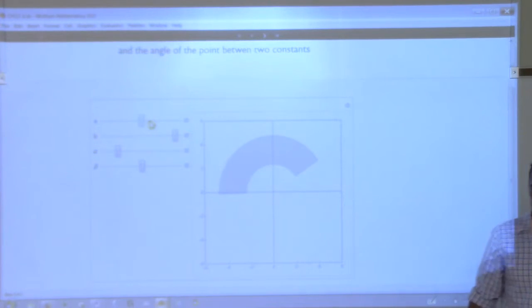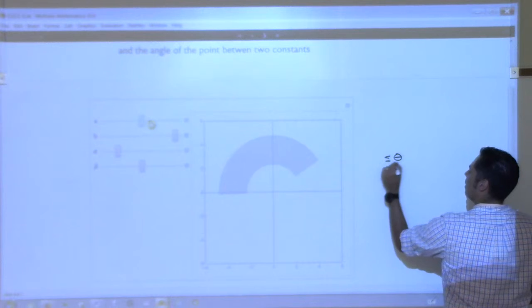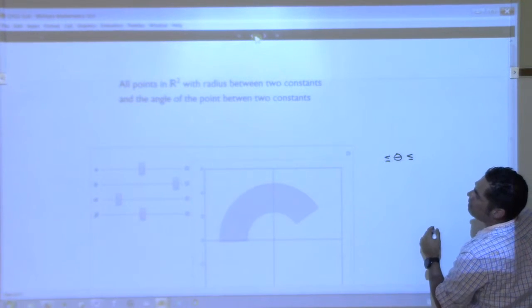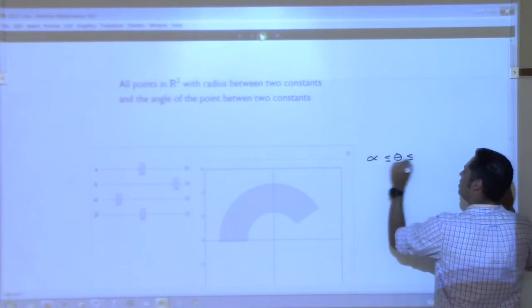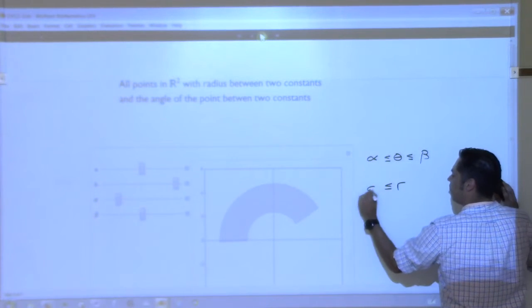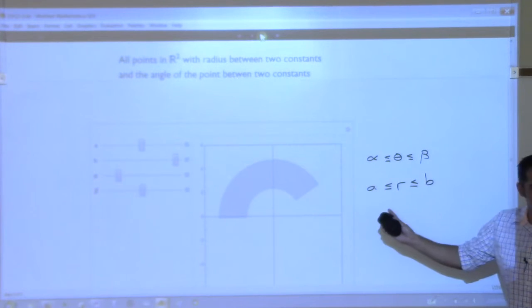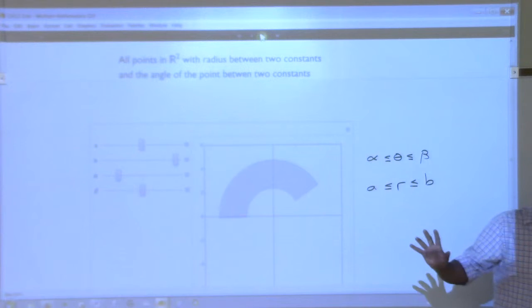It's a rectangle in polar coordinates because your theta is between two constants, alpha and beta. So those are constants. And then my radius is between two constants, and we're just going to use a and b. Do y'all see that? This is a polar rectangle. It doesn't look anything like a Cartesian rectangle, does it?